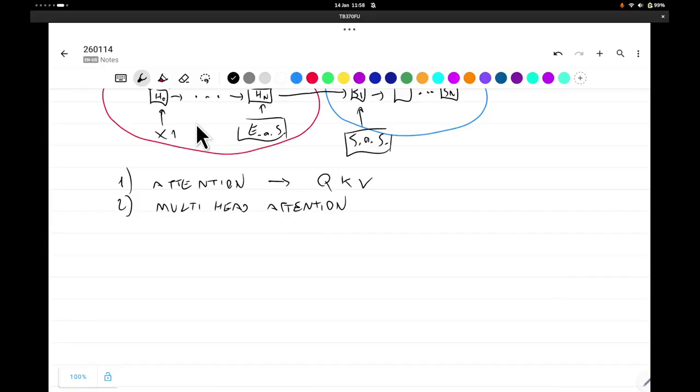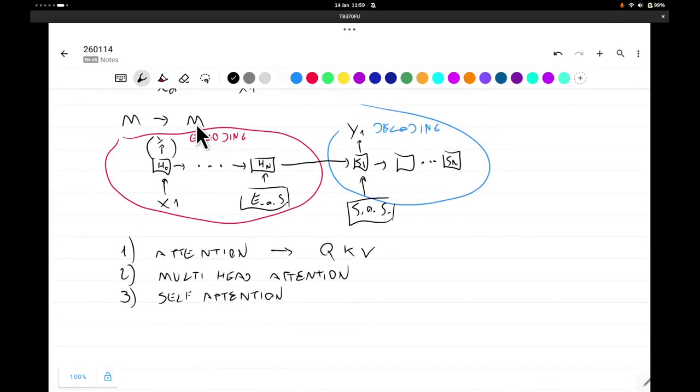So multi-head attention, and then there is a crucial step that is self-attention. Again, I go into more detail in the previous lecture, and I also tried to explain the logic more in the lecture just before the holidays, in which people realized that one can completely decouple the encoding from the decoding, and also do all the operations in parallel.